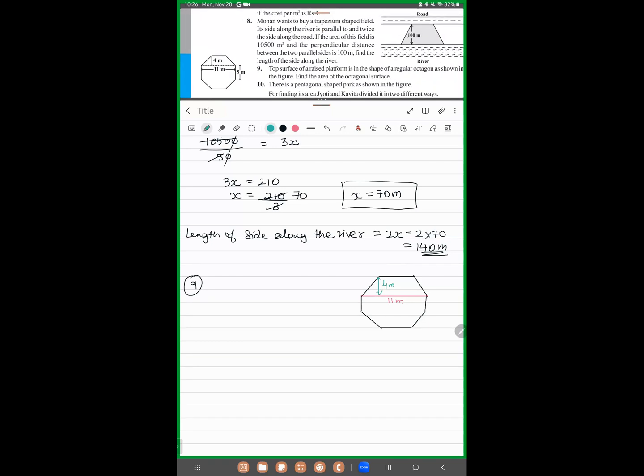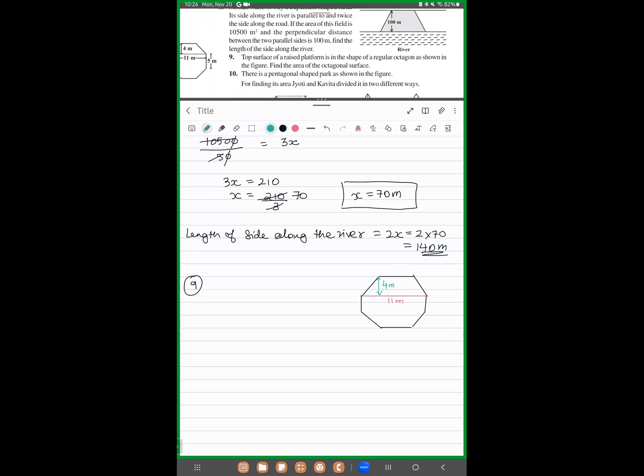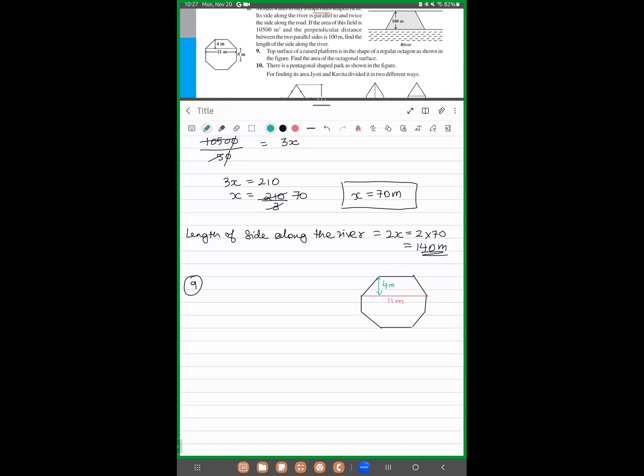It says in the question that it is a regular octagon. What's the meaning of regular? If you say regular octagon, regular hexagon, regular pentagon, what is the meaning of regular? Regular means all the sides are of the same length.